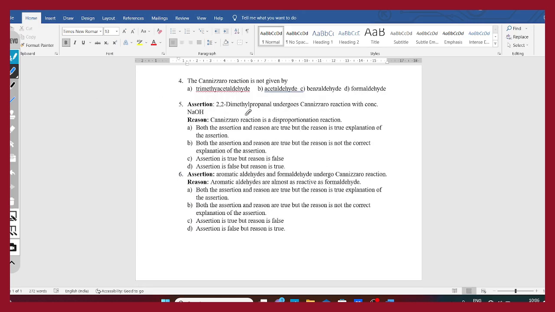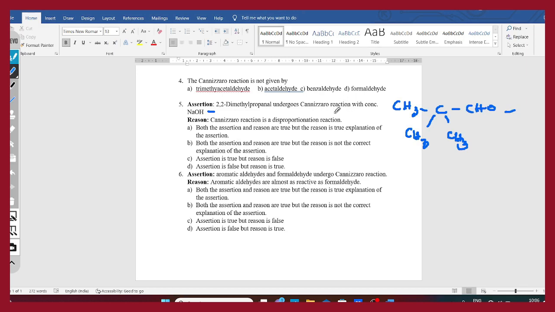See, assertion and reason. 2,2 dimethyl propanal undergoes the Cannizzaro reaction with concentrated sodium hydroxide. So this is 2,2 dimethyl propanal. This gives the Cannizzaro reaction, and the Cannizzaro reaction is a disproportionation reaction. Both statements are correct.